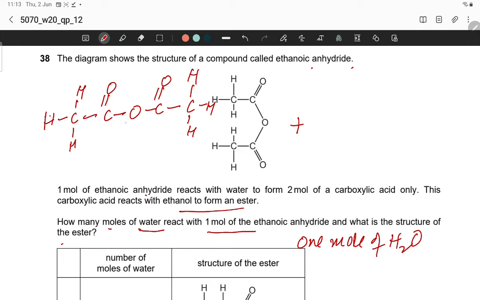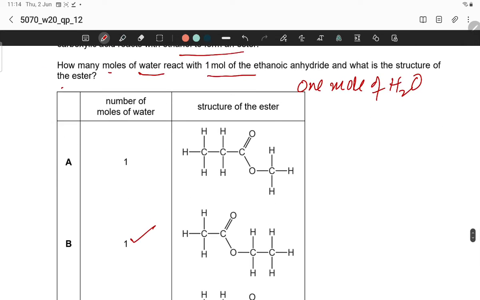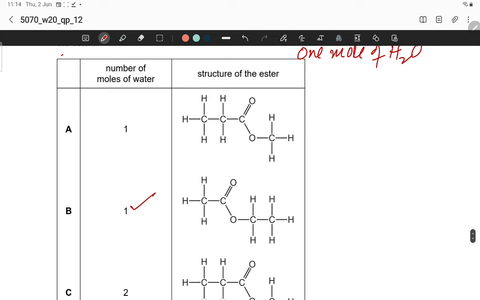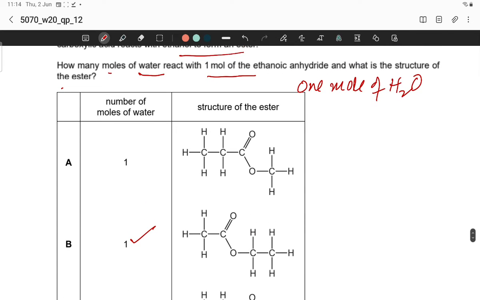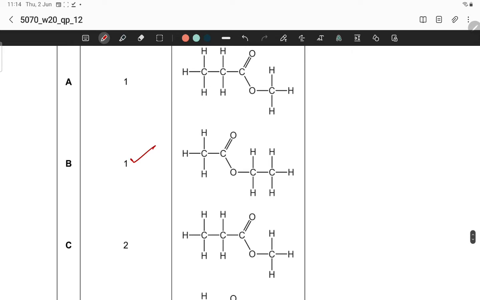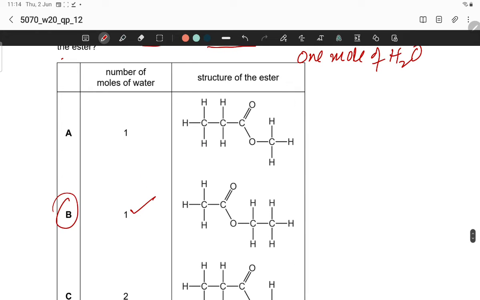Plus H2O to form ethyl ethanoate. The B option is correct.